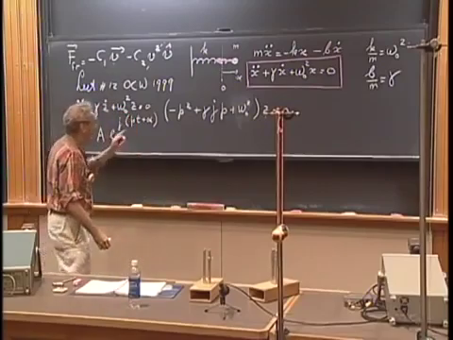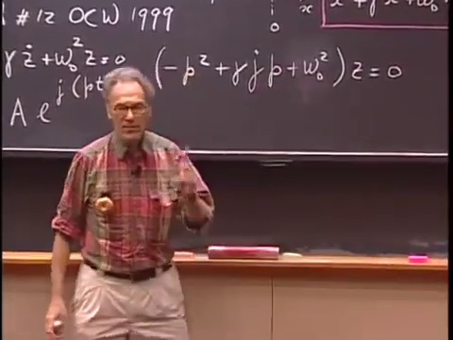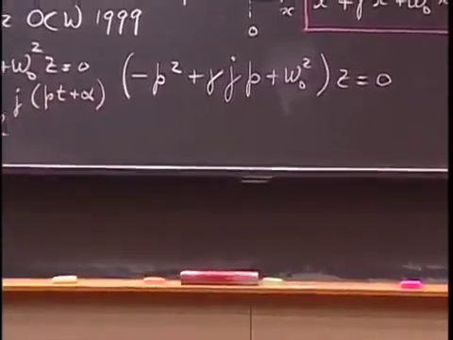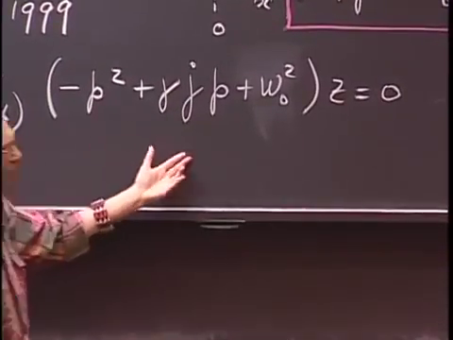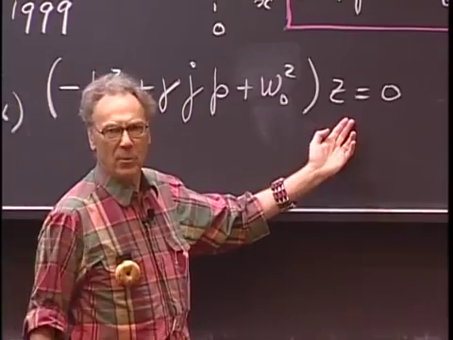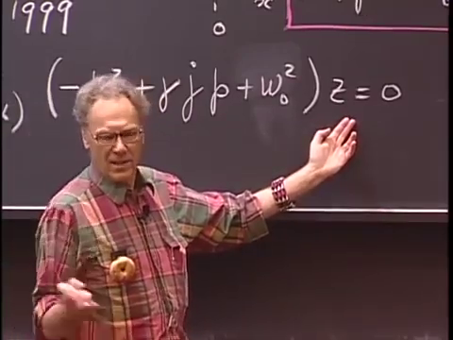If you have an equation like this, you may think it's one equation, but it really is two equations. Because if something like this has to be 0, and of course z equals 0 is not an acceptable solution, because that's the oscillation.